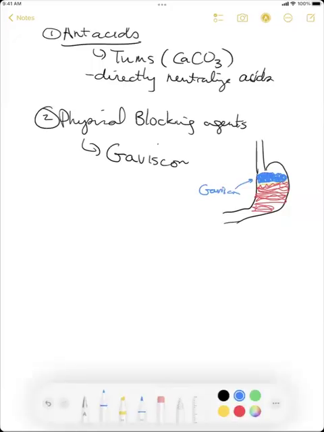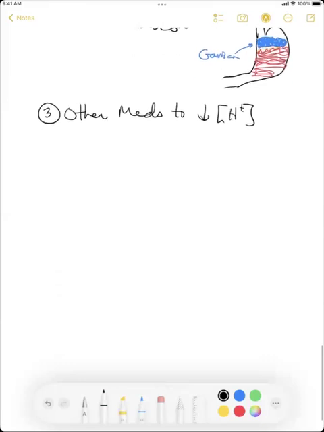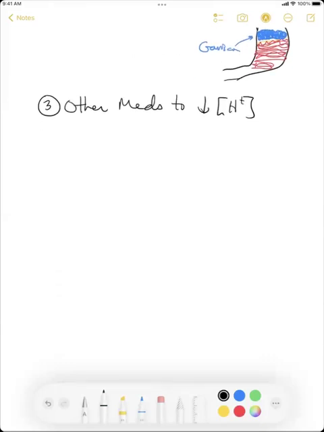GERD. There are other medications to help reduce the acid within the stomach, and I'm just going to call them other meds to reduce acid concentration or proton concentration within the stomach. And we're going to actually go through a couple of them.